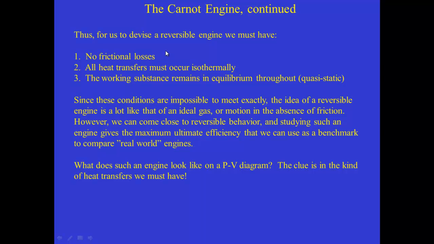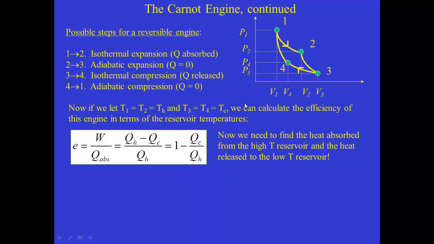So we want a process where the heat comes in when the temperature is not changing, and when the heat is released, that it's released where the temperature is not changing. So we need 2 isothermal steps in our cycle. It's pretty easy to see how that works if we just construct a PV diagram, imagining the system starts at state 1 and expands isothermally to state 2.